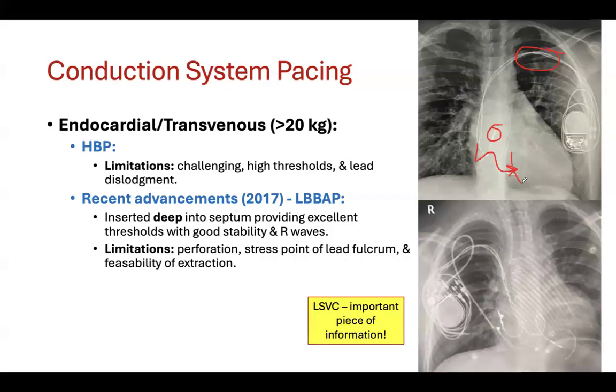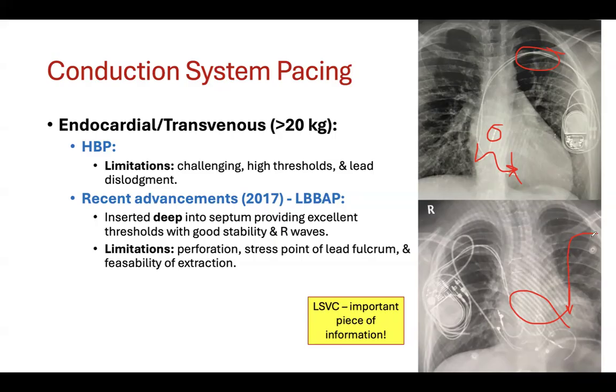Okay, and this is another example of a patient of ours who underwent a right-sided implant because there was a left superior vena cava. When you go to the left side, the wire would go this way, so it's difficult to go to the SVC and coronary sinus, and then you have to turn around and go to the ventricles. It's possible, but more difficult, especially if you're planning to engage the left bundle part of the conduction system.